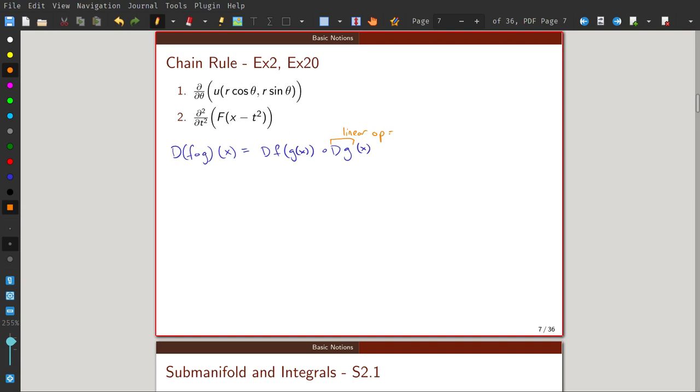And so when we actually want to do calculations with linear operators, we should write them as a matrix. Okay, so as a matrix, the linear operator of the derivative of a function at a particular point is the matrix of partial derivatives. And the composition of two linear operators when they're written with matrices is matrix multiplication.